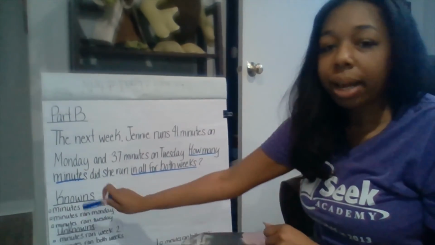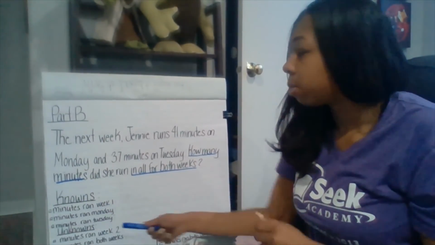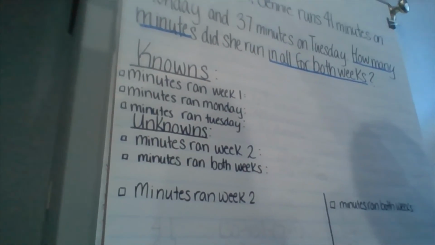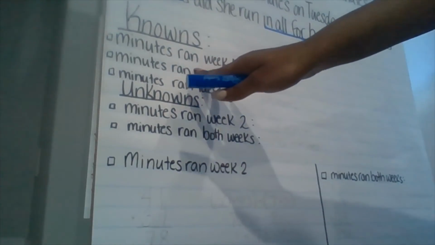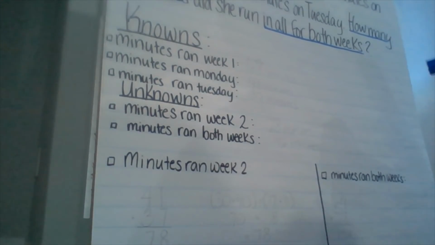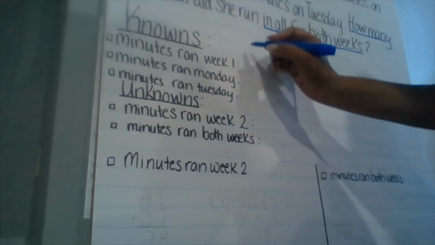I need to think about my knowns and my unknowns. So the knowns that we have is that she ran a total amount in week 1. That's what we just solved for. So in week 1, she ran a total of 64 minutes.